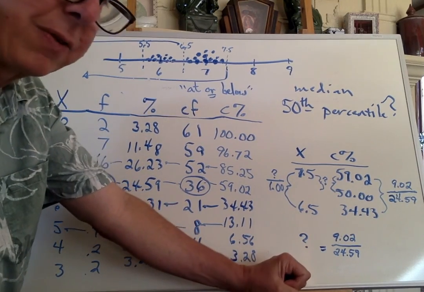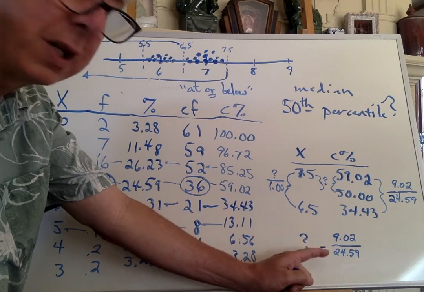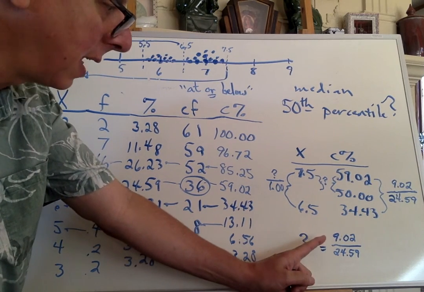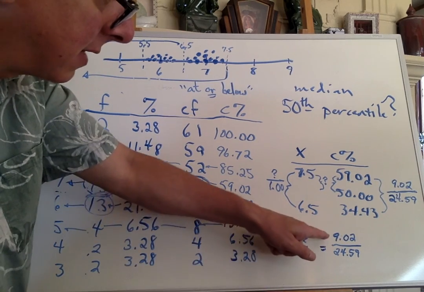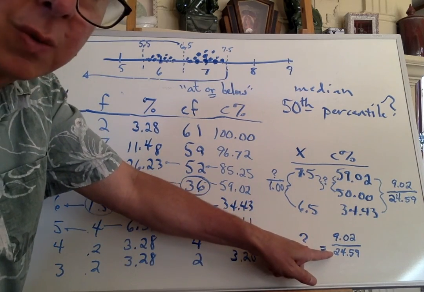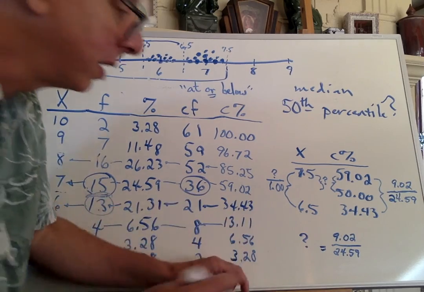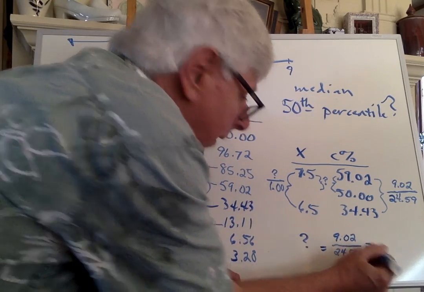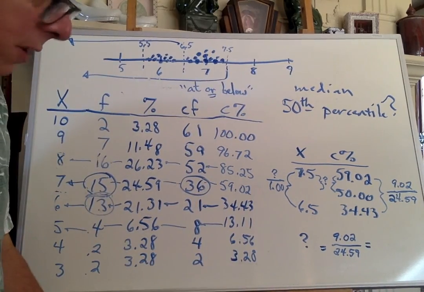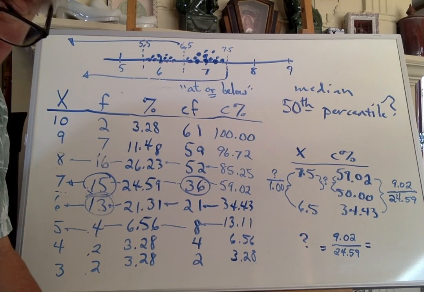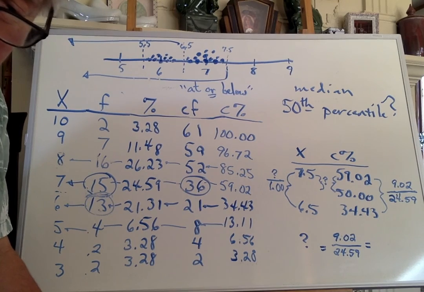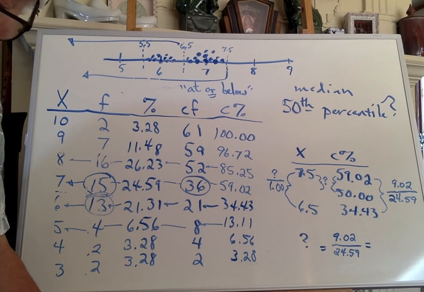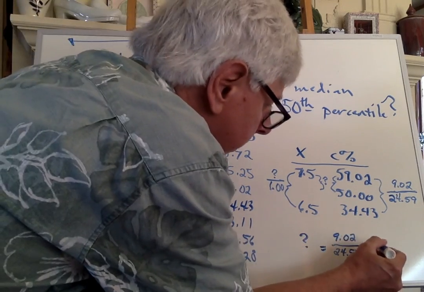And what's nice about fractions? This is unfinished business. It says 9.02 divided by 24.59. Let's finish the math and do that division. 9.02 divided by 24.59 equals 0.37.